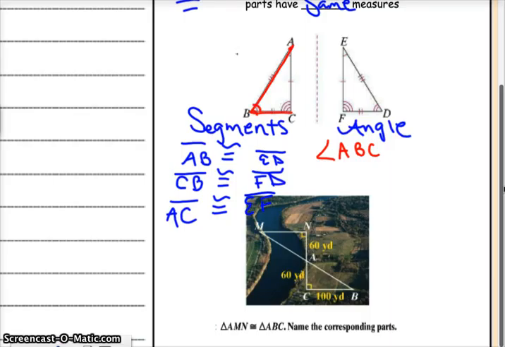B. Angle ABC is congruent to angle, I have to start at the top, E to what? D to F. E, D, F. There's one angle. How many angles do I have in my triangles? 3. So I have 2 more to go.